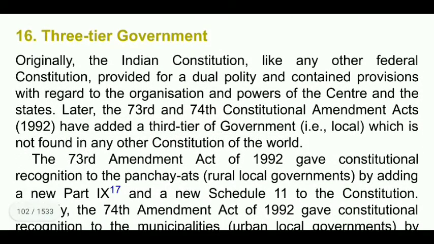16th, three-tier government. Originally, the Indian constitution, like any other federal constitution, provided for a dual polity and contained provisions with regard to the organization and powers of the center and the states. Later, the 73rd and 74th Constitutional Amendment Acts 1992 have added a third tier of government, that is local, which is not found in any other constitution of the world.